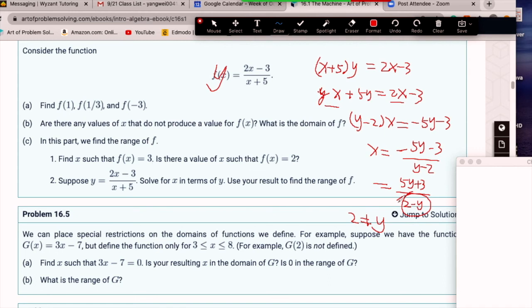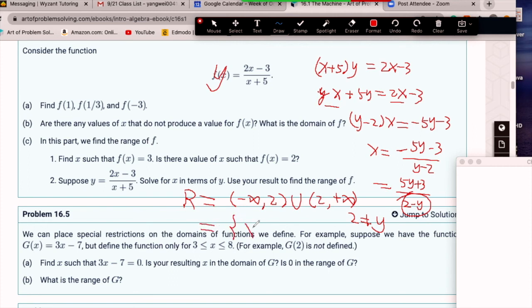So after you do this, you find the range of this function is from negative infinity to 2, united with 2 to positive infinity. This is one way to write your range.